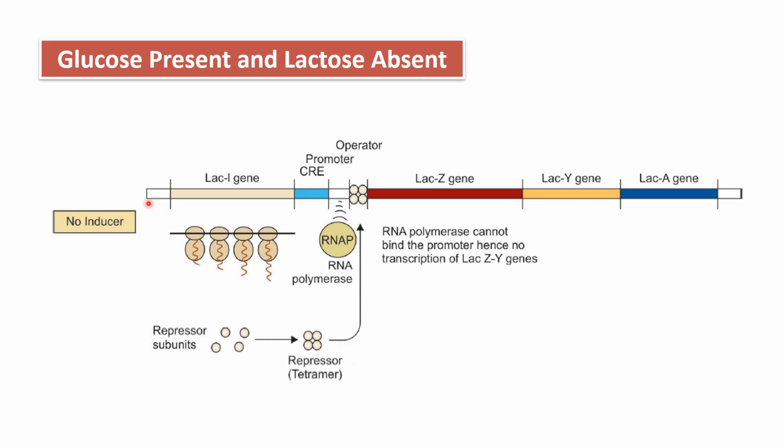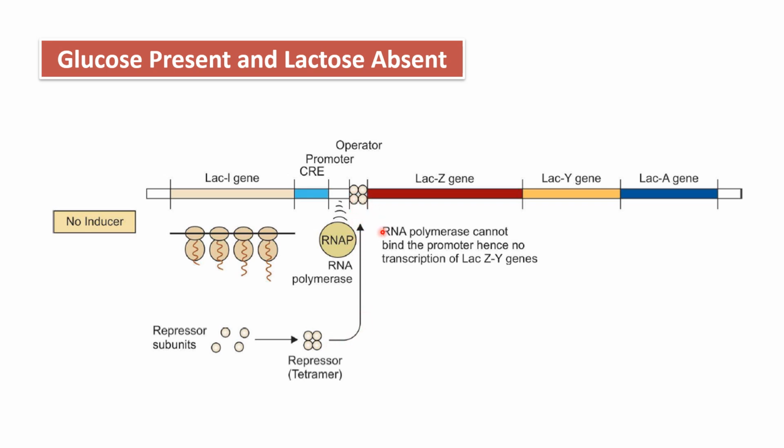Okay. So now the first scenario is no inducer. That means no lactose. Lactose is the inducer here. So here we have glucose, but lactose is absent. So what happens here? Basically, this repressor gene will produce repressors. So this repressor will bind to the operator region.